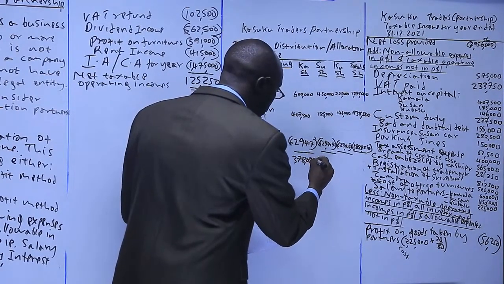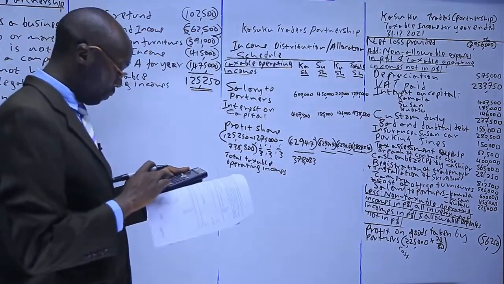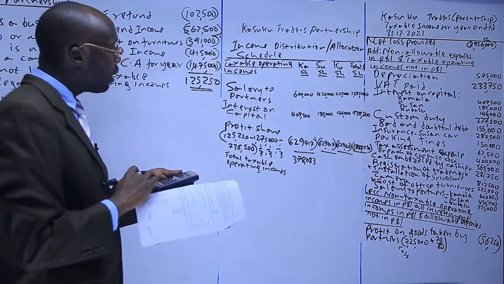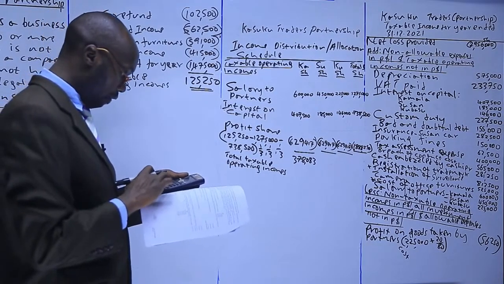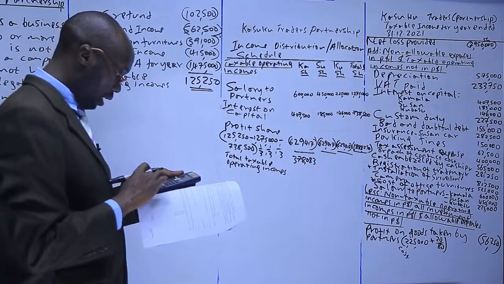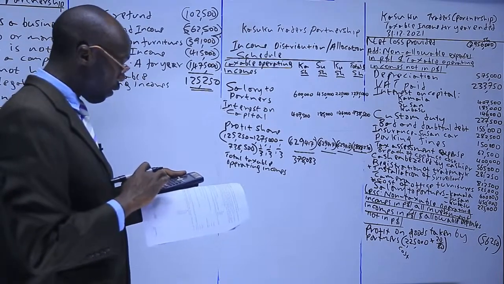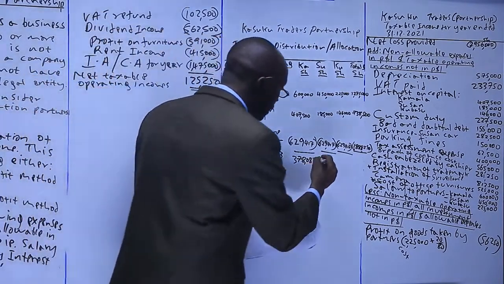378,083 positive. And then now we go to the second one, for Susan, 450,000, and then we add 185,000 minus 629,417, which gives 5,583.